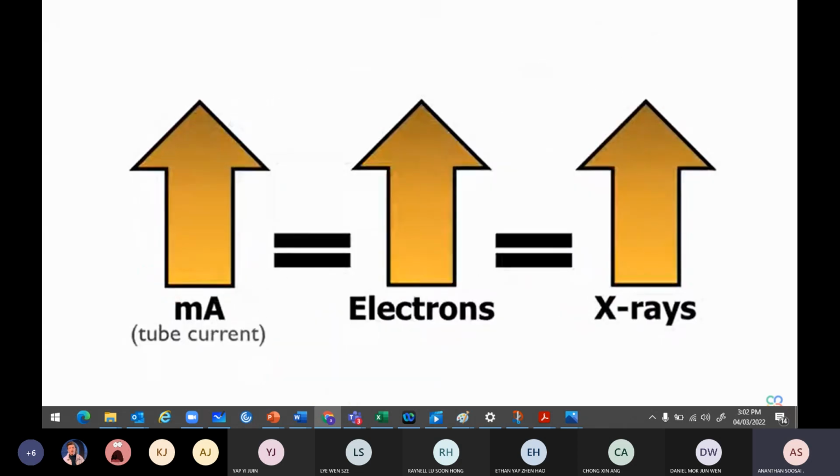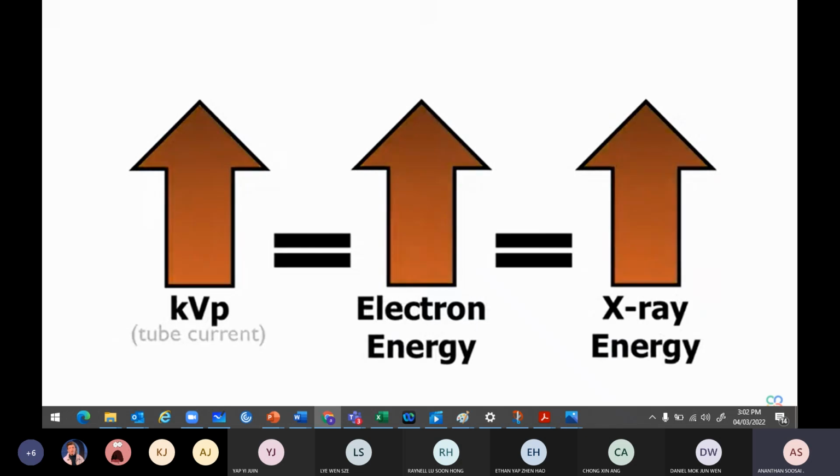The number of X-rays and the energy of X-rays are actually controlled by you, the technologist, using the MA and the kVp. Increasing the MA, or the tube current, increases the number of electrons produced in the X-ray tube. Increasing the number of electrons increases the number of X-ray photons. And this is the idea of intensity. The effect of kVp is slightly different.